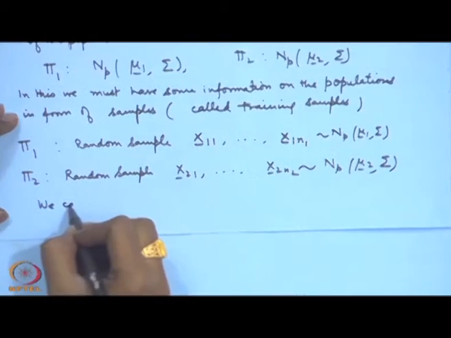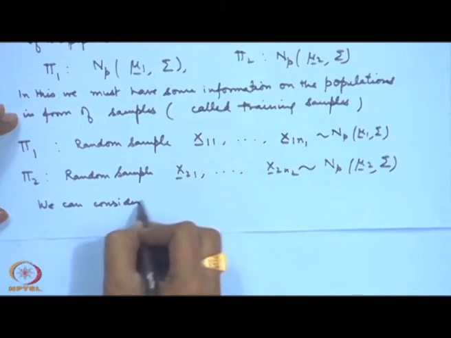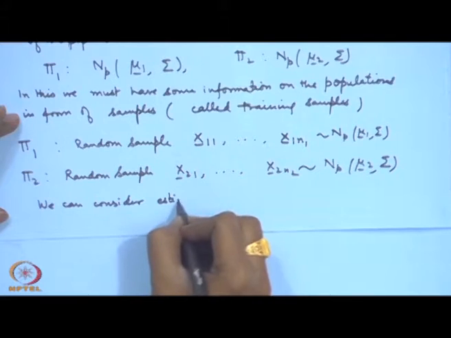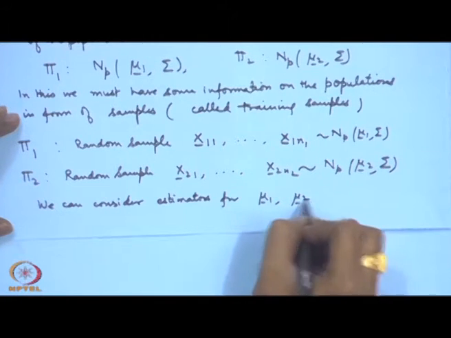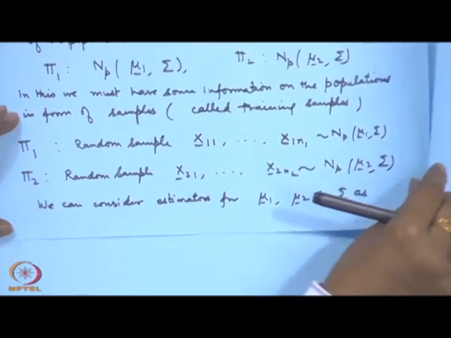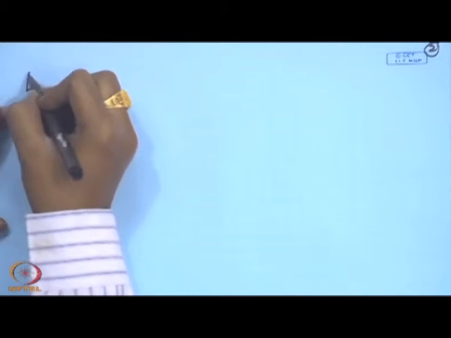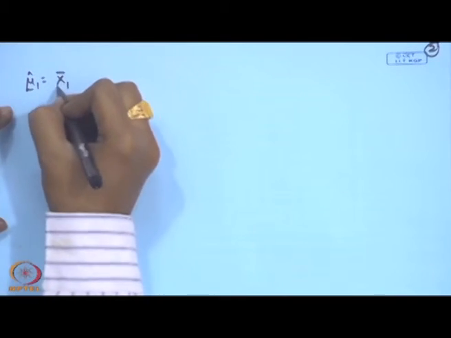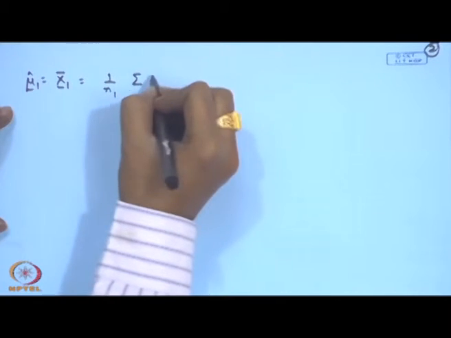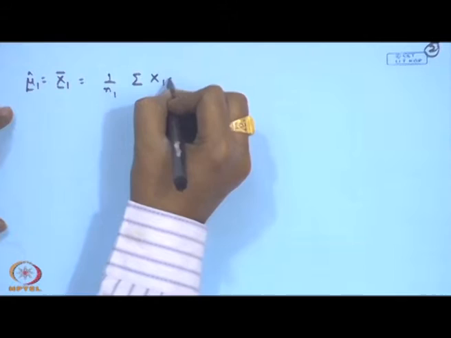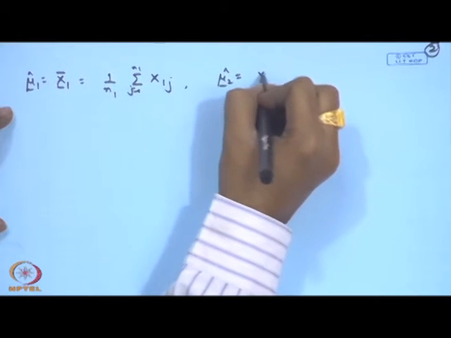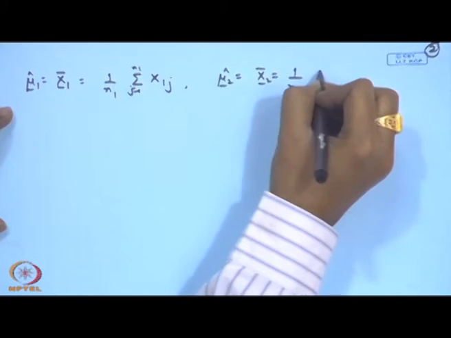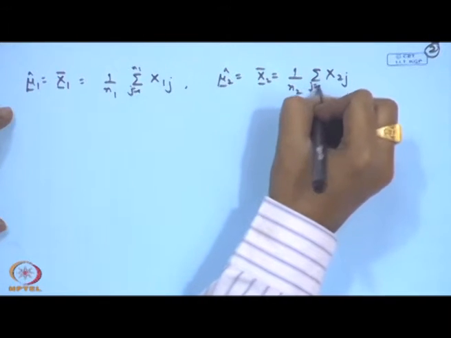We can consider estimators for mu 1, mu 2 and sigma as mu 1 hat equal to x 1 bar, that is 1 by n 1 sum of x 1 j, j equal to 1 to n 1, and mu 2 hat equal to x 2 bar, that is equal to 1 by n 2 sum of x 2 j, j equal to 1 to n 2.